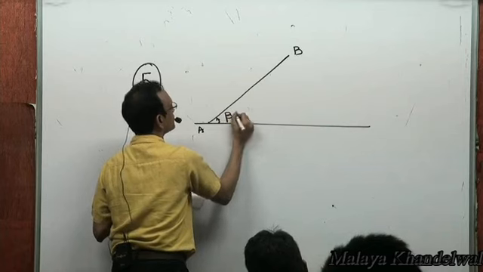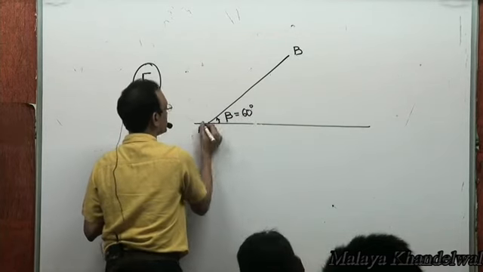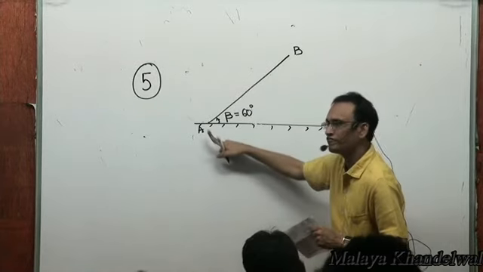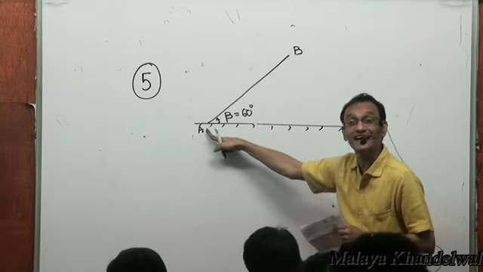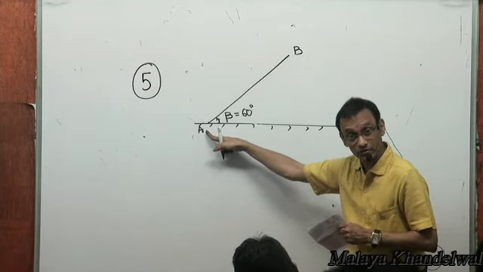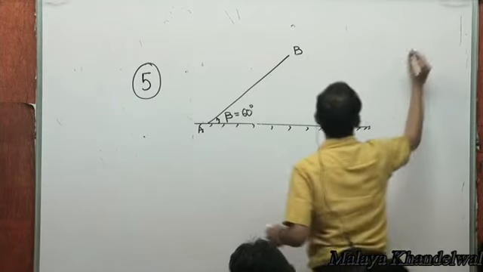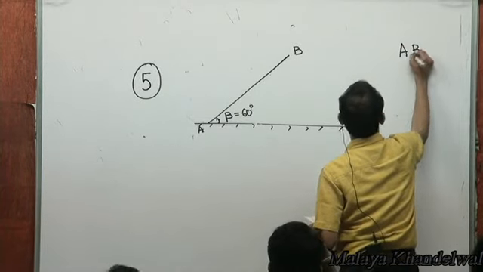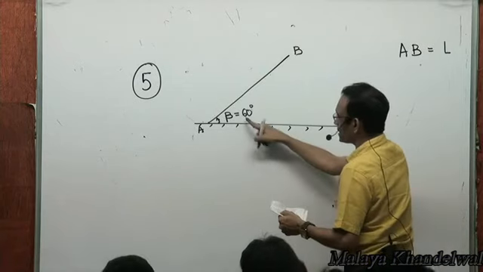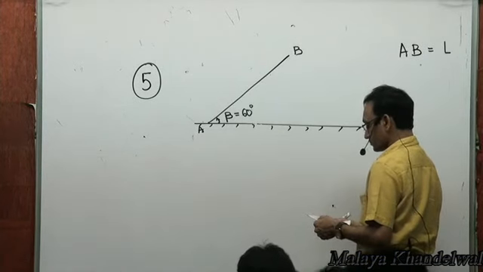This angle is given to be 60 degrees and this surface is very rough. Rough enough to prevent A from sliding on the ground, right? The length of the rod is L and this angle beta is given to be 60 degrees.